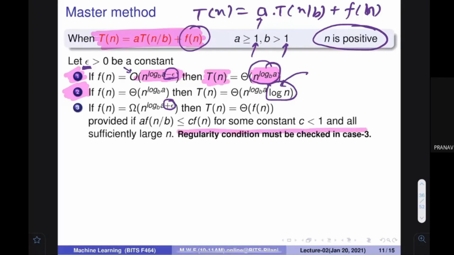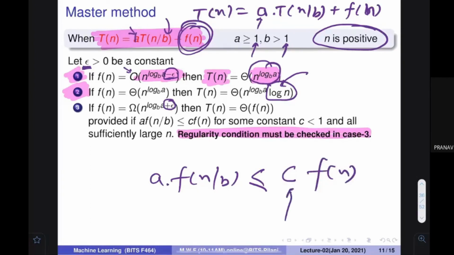Regularity condition must be checked, and it says that you take f(n/b), multiply with a, and it should be less than or equal to c multiplied by f(n) for some c less than 1. If it holds, then you can say that Tn is equal to theta of f(n).